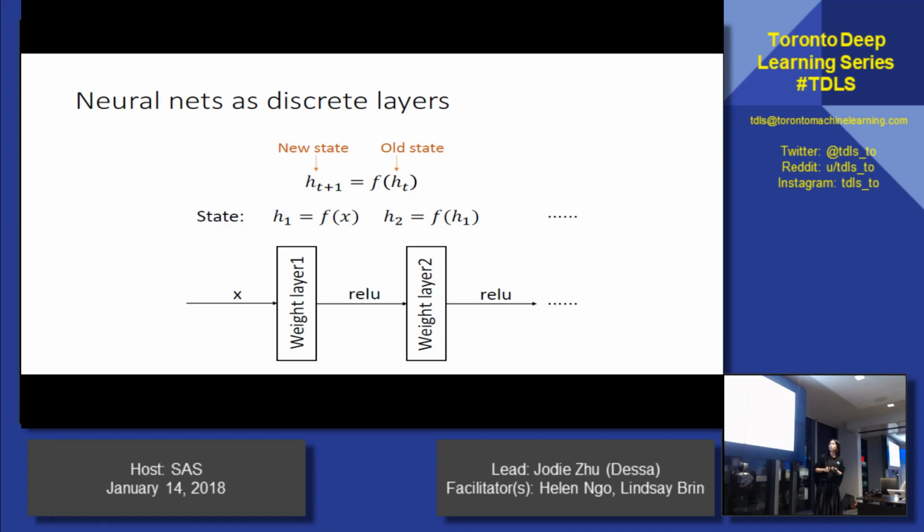When we have a neural network, what we are trying to do is learn some function, called f, to update the old state ht into the new state ht plus 1. This is just a regular neural net. We have some input x with some weight layers and activations, then you get a new state ht plus 1.